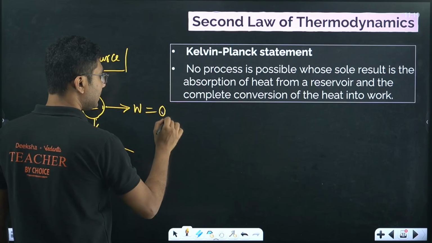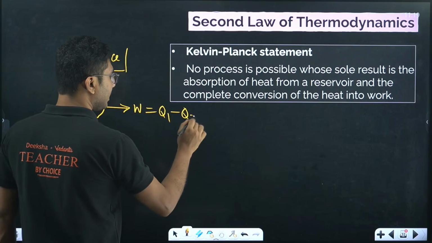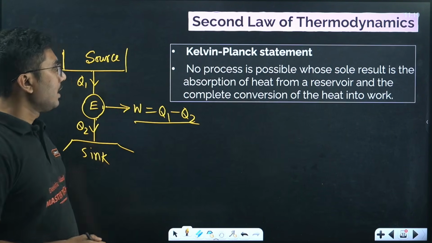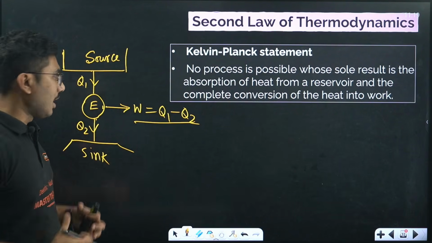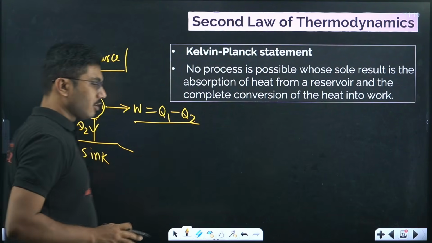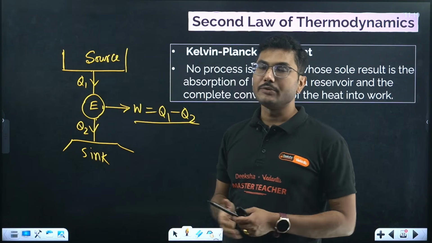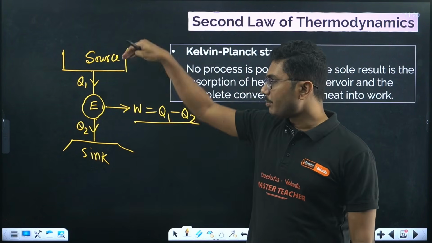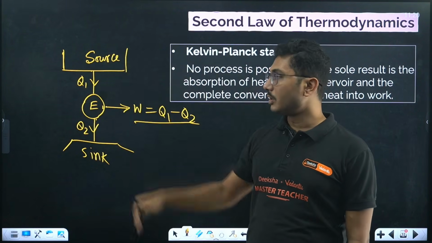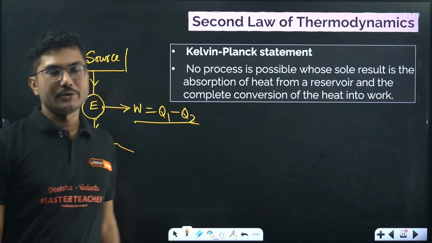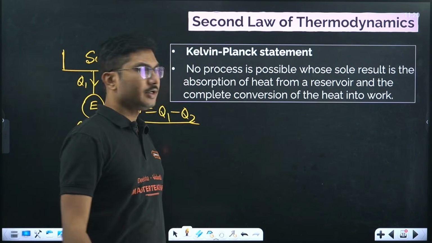So what is the work done? Work done is basically the difference in the heat. This much work the gas or the system will do. Remember that the second law prohibits the entire heat you take from being converted into work. Some part of the heat you have to release back to the sink so that you can function properly.